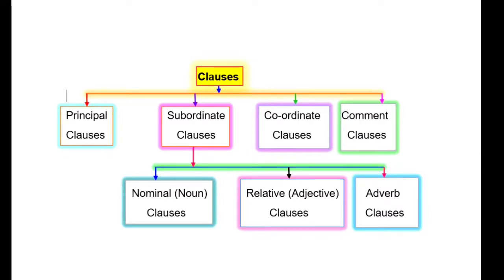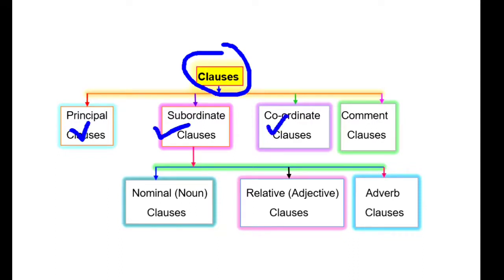Okay, now let's begin. Here you can see there is a clause, and I have given the categories in the chart. Clauses can be categorized into 4 parts, but among them 3 parts are very important: principal clauses, subordinate clauses and coordinate clauses.